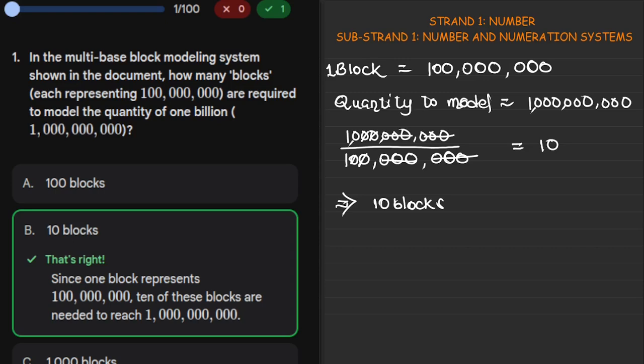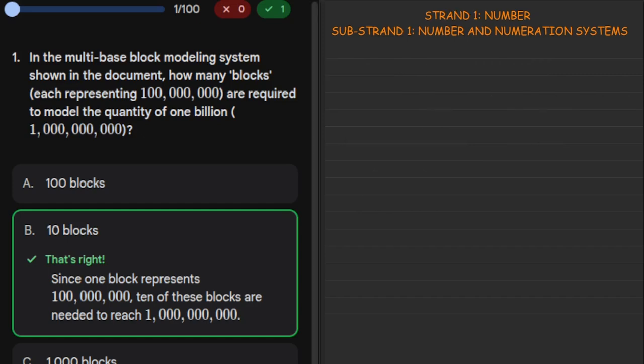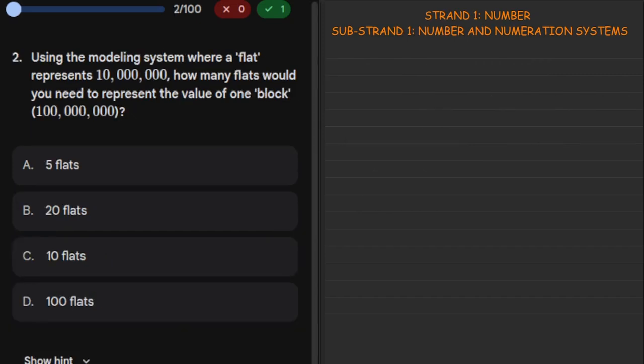I would advise that as we solve, anytime I move to a question, you take time to pause and solve it by yourself before you continue to check your answer. So let's look at the next question. It says, using the modeling system where just one flat represents 10 million, how many flats will you need to represent the value of one block?